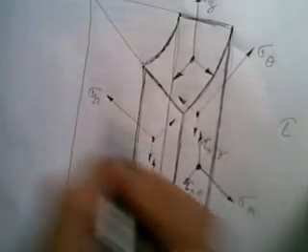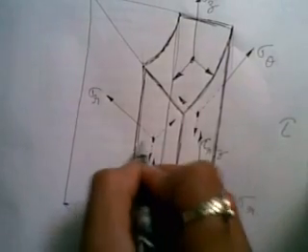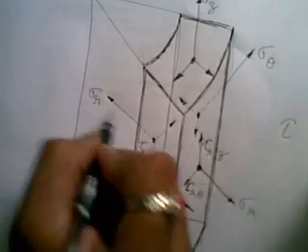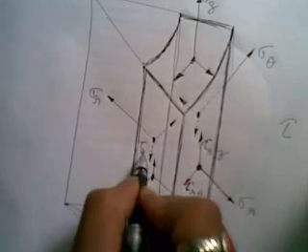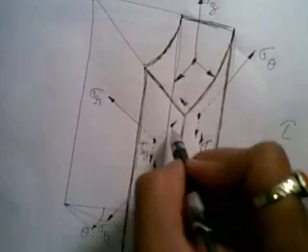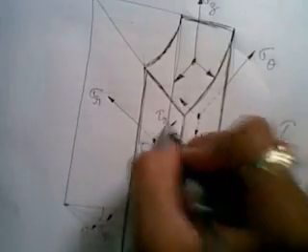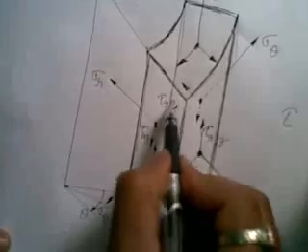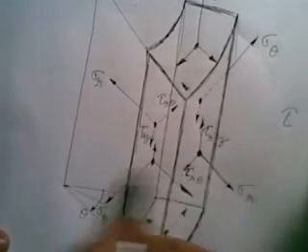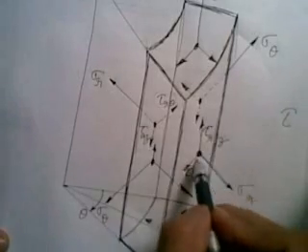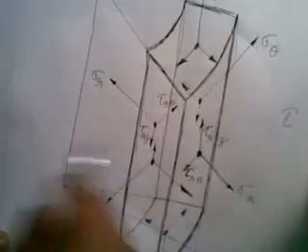Sigma R is positive here, and so this should be tau R. Normal stress at this point is along the radial direction, so we will write down R, and this is along the negative Z, tau RZ, and this is tau R negative theta, tau R theta. Okay, now just see here, this is tau R theta and tau R theta, equal and opposite. Now tau RZ and tau RZ equal and opposite on the opposite faces.